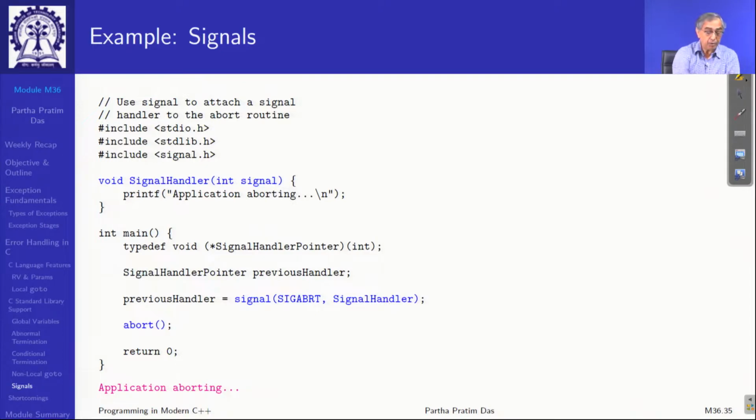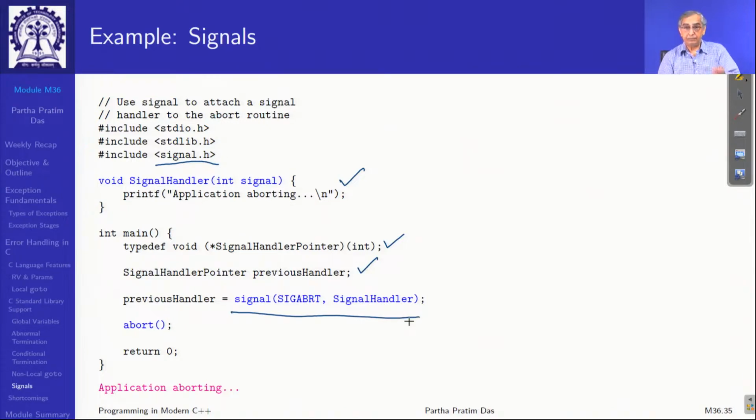So, here I show how to do that: include signal, define a handler which says what it should do if that hardware event happens. Then this is a function pointer for the signal handler, and put a previous handler and then do signal.